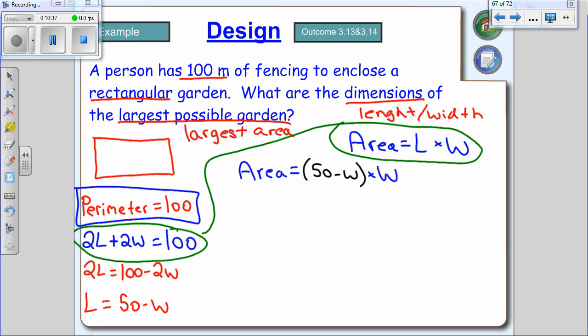Now I have my area, but with only one variable. Whenever you have an area formula, you're trying to solve something in it or maximize something in it, you can't have length and width. You somehow have to get rid of one of them and turn it into the other one. That's what we were doing. We were creating an area formula that's just widths. You could have also done it as just lengths. That would have been fine.